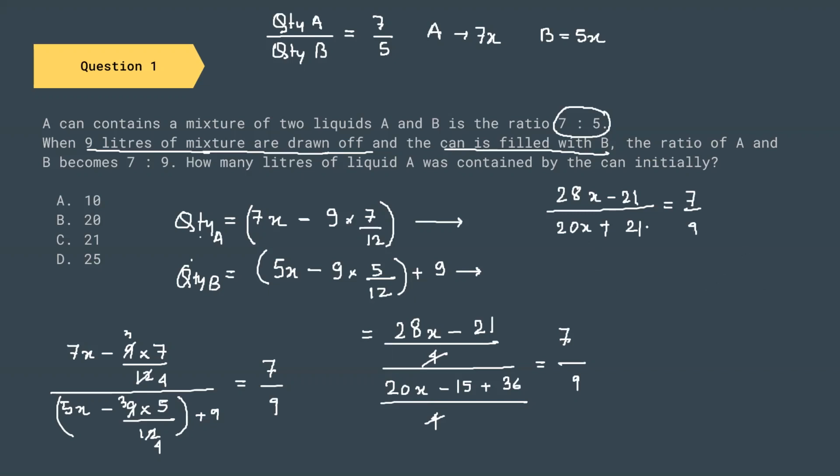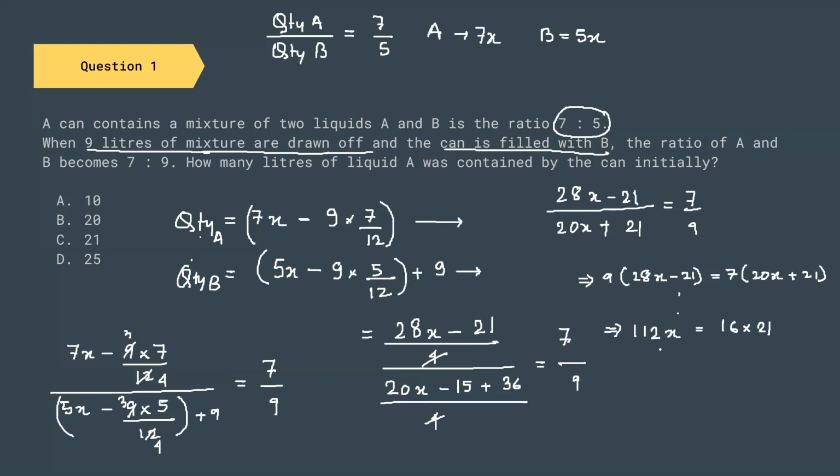After we solve this equation, we will take 9 here and we will do it like this, that is 9 into (28x minus 21) is equal to 7 into (20x plus 21). And if we simplify this equation, you can do it on your own. So we are going to get 112x equal to 16 into 21.